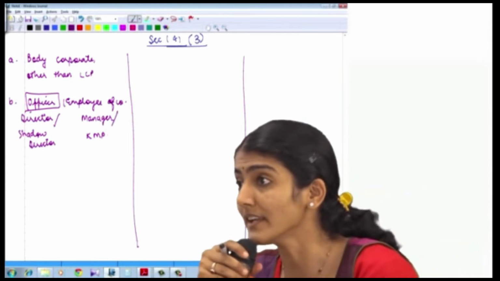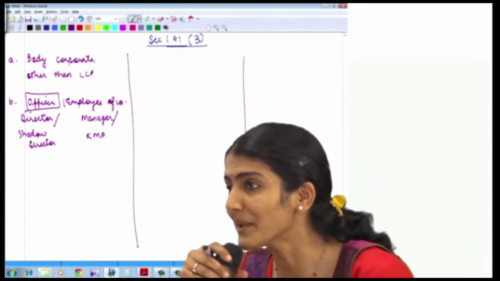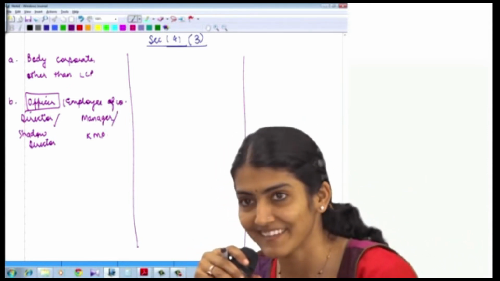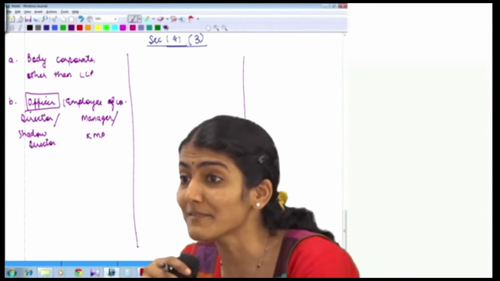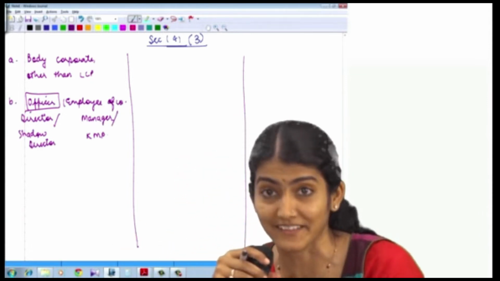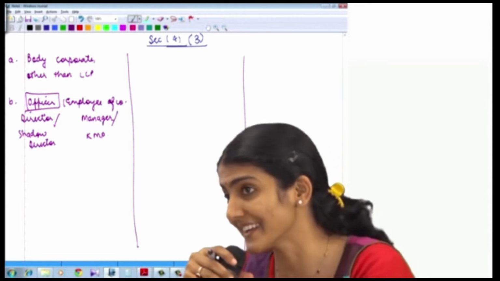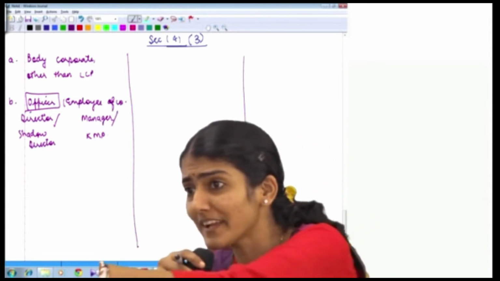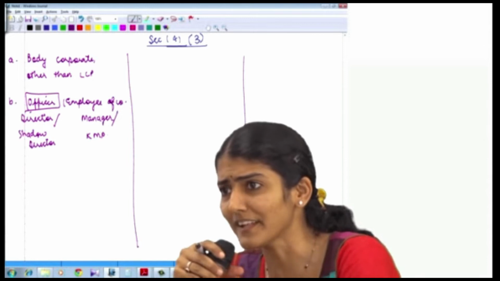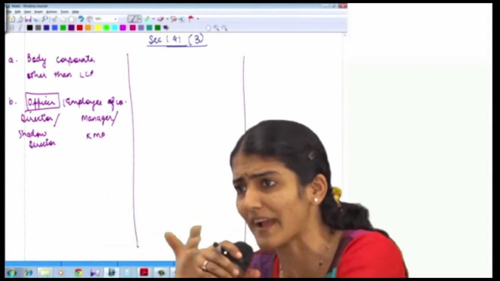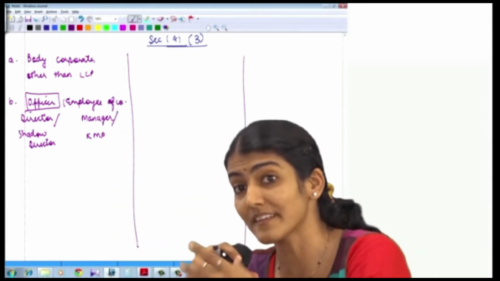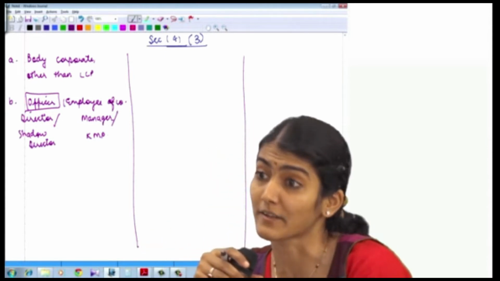A person accustomed to act in accordance with the directions and instructions of another. You understand? Shadow director: for name's sake, you are the director of the company, but everything I tell you, you do it, those actions are taken in the company. So it says director also and shadow director also.